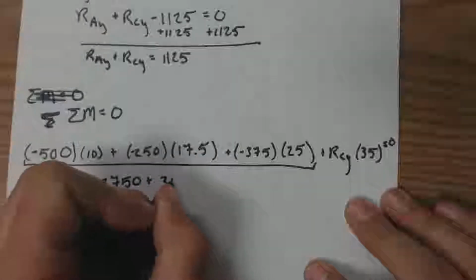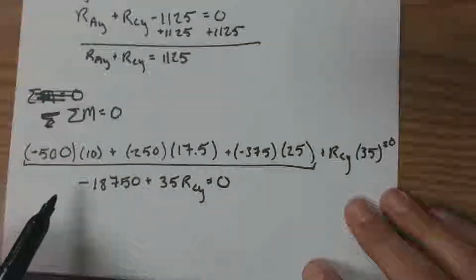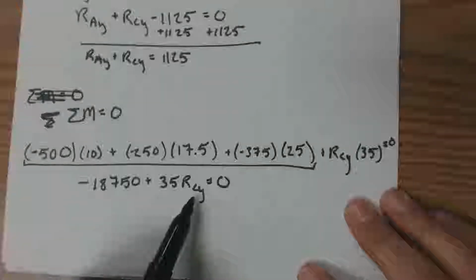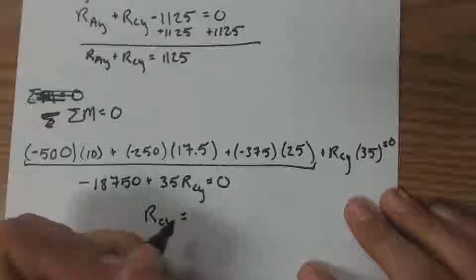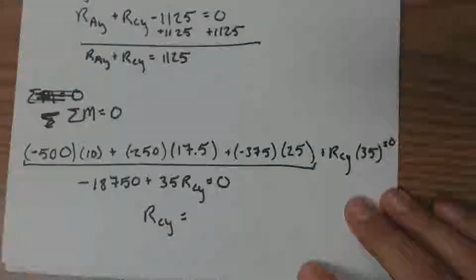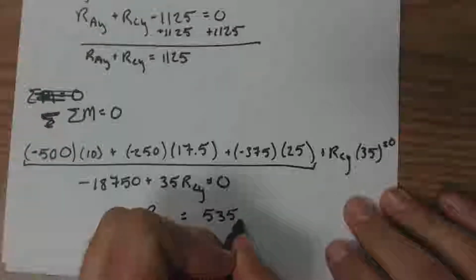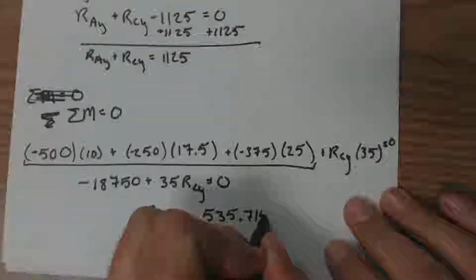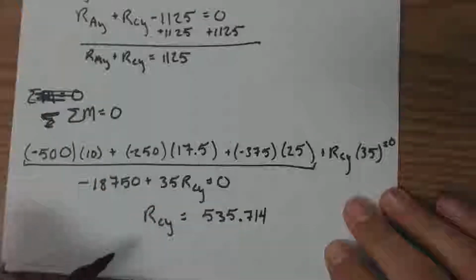I still have a positive 35 RCY. Now I need to keep solving for RCY, so I'm going to add that over and divide by 35. And RCY equals 535.714. That's my reaction at joint C in my y-axis.